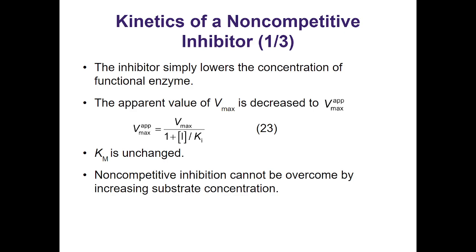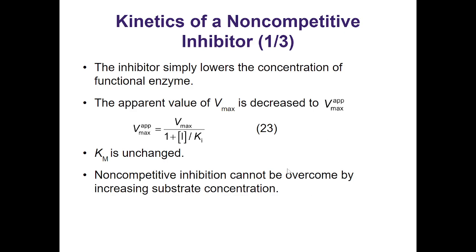But what it does do is change the amount of product we can make from those. Or another way of saying that is it essentially just lowers the enzyme amount, period, right? If we lower the enzyme amount outright, what happens to our Vmax? It goes down.